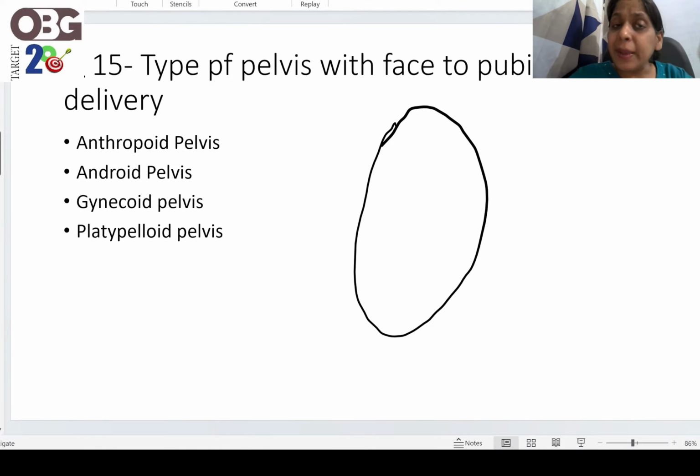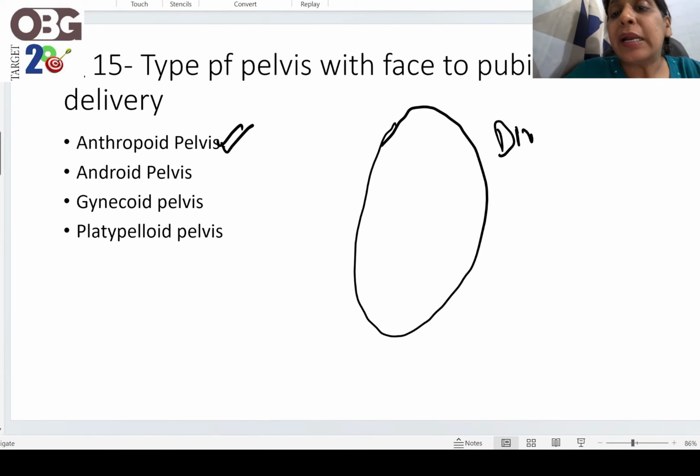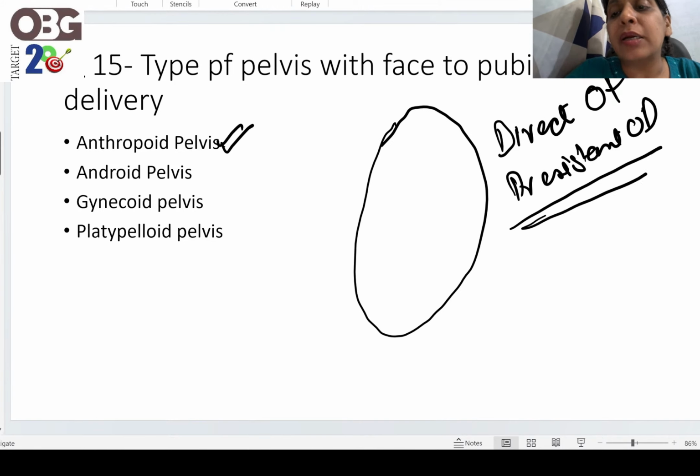The hairy part is not coming first during fetal delivery. So it is the anthropoid pelvis, because in the anthropoid pelvis direct occipito-posterior position and persistent occipito-posterior position occur quite frequently.